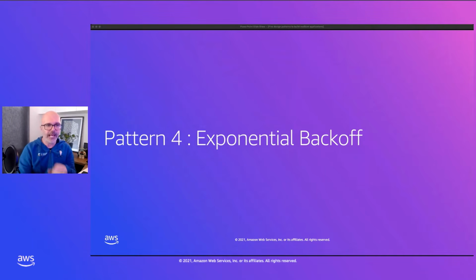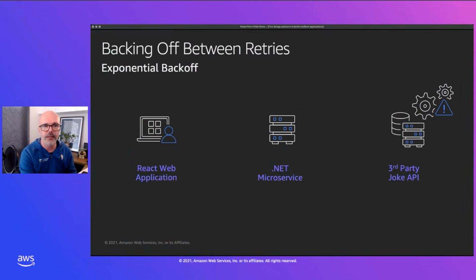I've got a little slide for this. Let's think about the exponential backoff pattern. The React web app goes to the .NET microservice, which proxies into the third-party app. We start retrying, and the retry does not work. We wait 2 seconds before we retry.